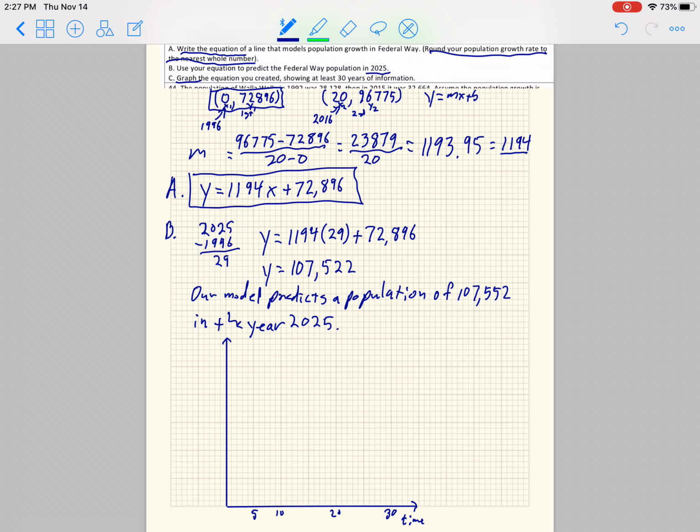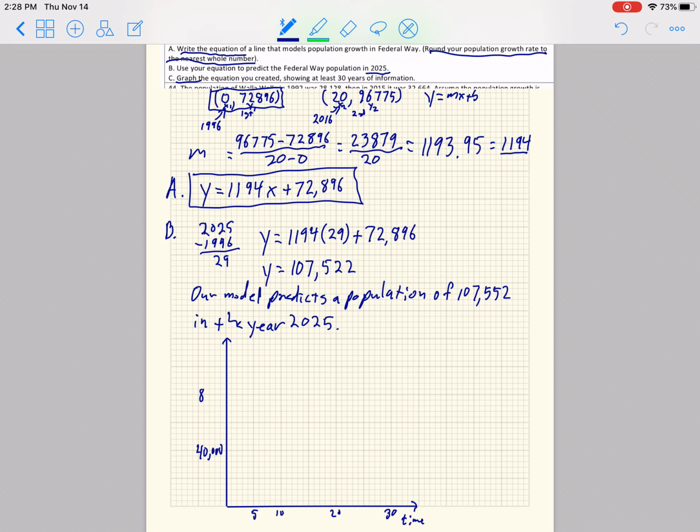So I can make each of these 40,000, I'm going to say. So this will be 40,000. This will be 60,000. This will be, wait, that's not going to work, is it? Sorry, I calculated that wrong. So this will be 40,000.